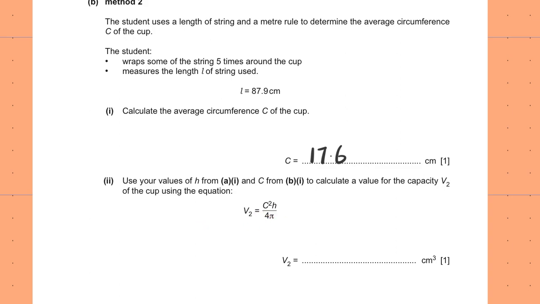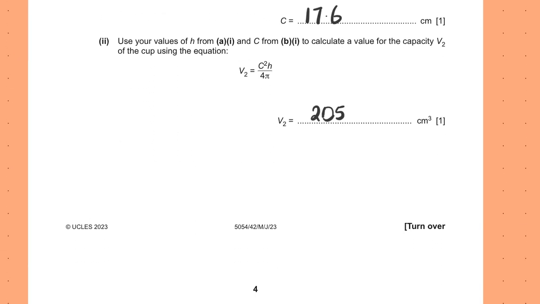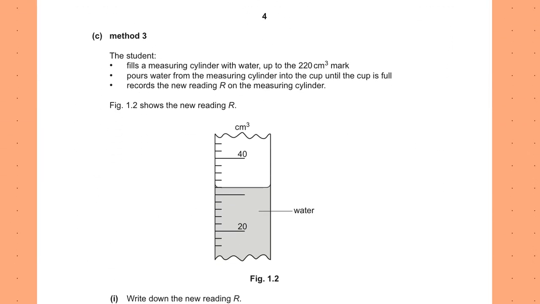So C square, so 17.6 squared times h, which was 8.3, divided by 4 pi. This turns out to be 204.5. So you can say this is 205 or 210. Both make sense. So this is what this value turns out to be.